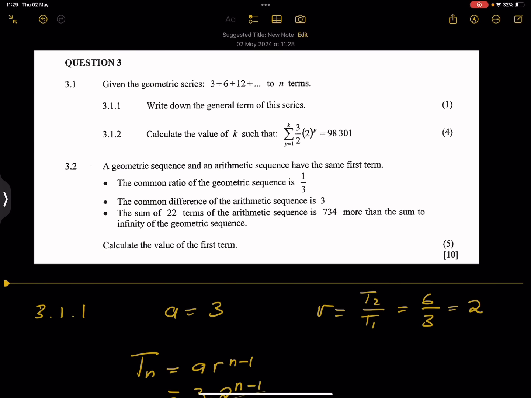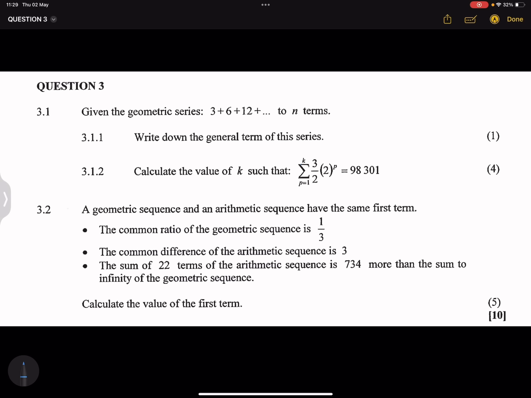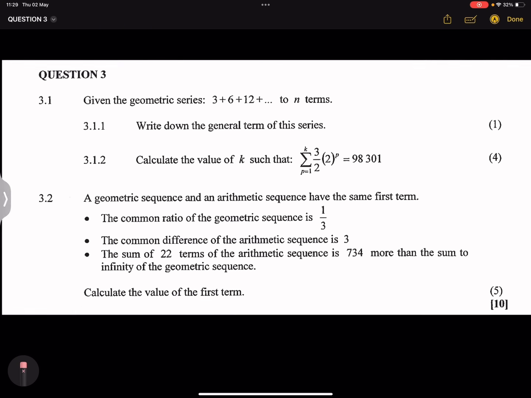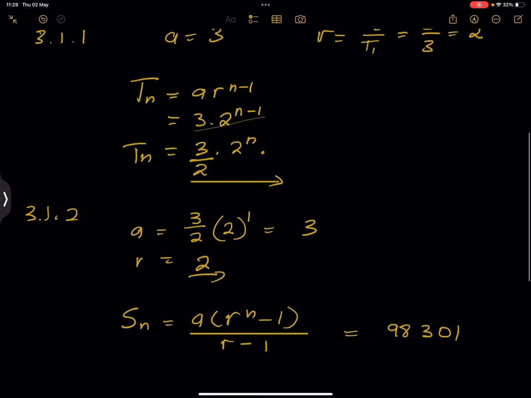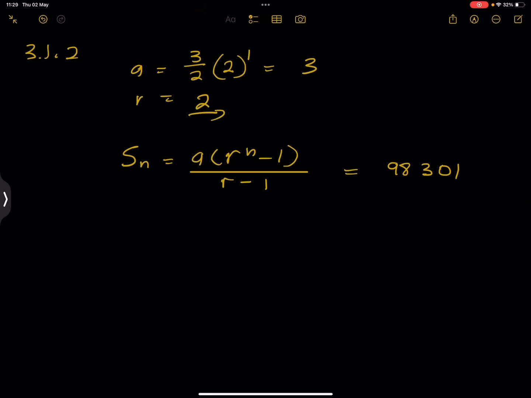Now remember, when you are taking a sigma notation, what are the number of terms? You'll always say the upper boundary minus the lower boundary plus 1. So that's k minus 1 plus 1, right? So in this case, it means that we are looking for the sum of the k terms. So Sk, which means our n value will be equal to k.